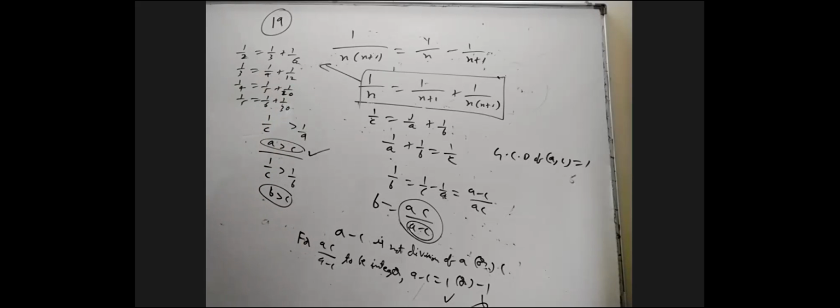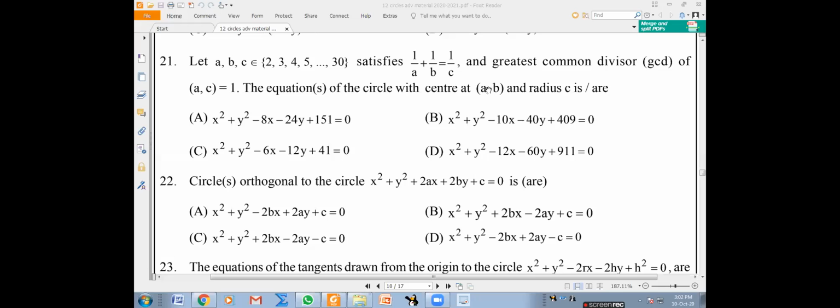Okay. So now after circles, the question is not very deep. It's a very simple straightforward question. They want a circle with center A comma B, radius C. So you can take center 3 comma 6, radius 2, center 4 comma 12, radius 3, center 5 comma 20, radius 4, center 6 comma 30, radius 5.